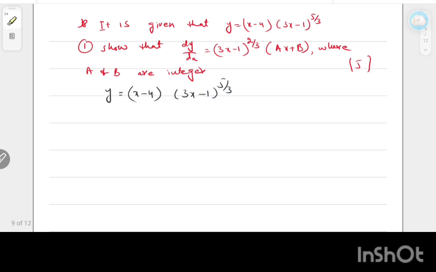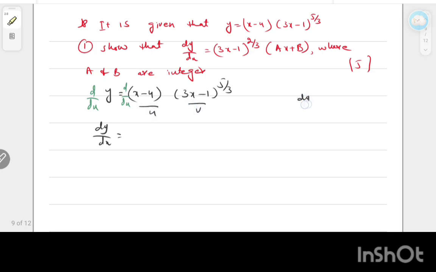Here our function is y equal to (x minus 4) times (3x minus 1) power 5 by 3. We take the derivative both sides, d over dx. So this will be dy by dx, and this one is u and this will be v. What's the formula?